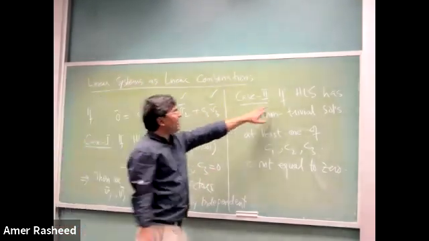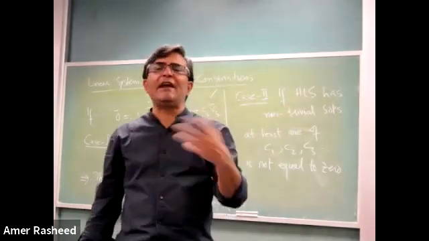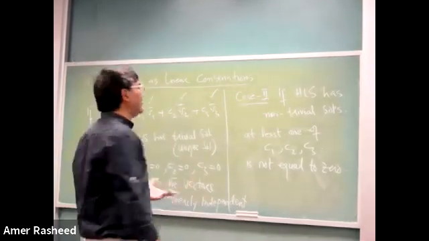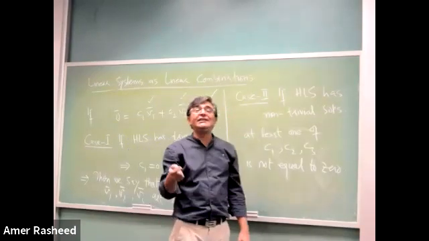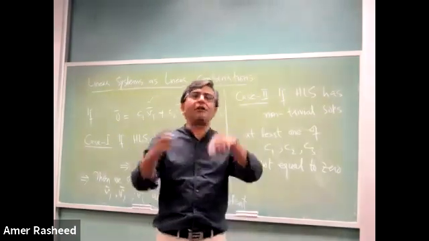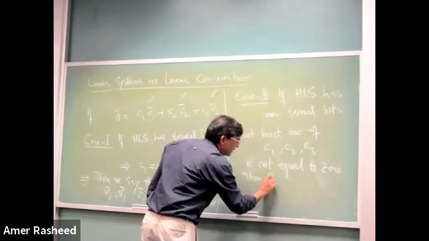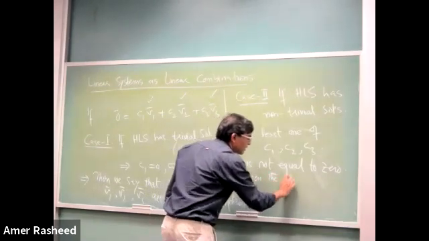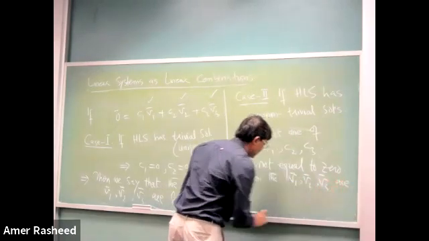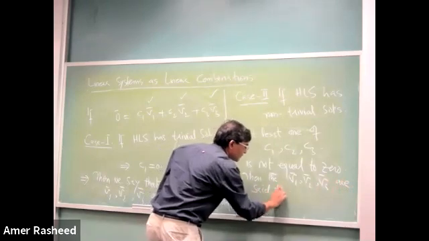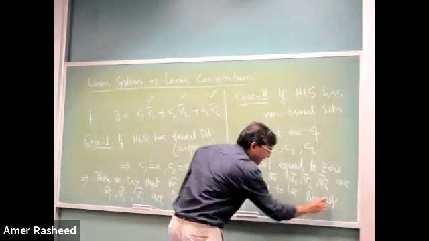In the second case, when this homogeneous linear system has non-trivial solutions, meaning one or all of C1, C2, C3 get non-zero values, then we say that these three vectors are linearly dependent, the opposite of independent. Then the vectors v1, v2, and v3 are said to be linearly dependent.